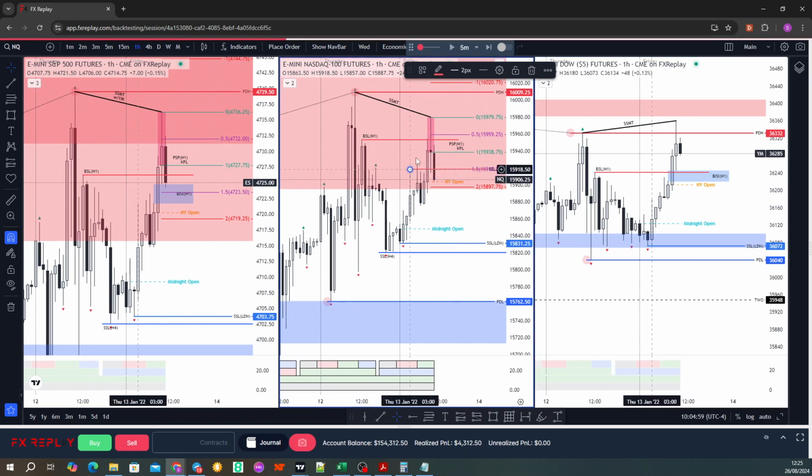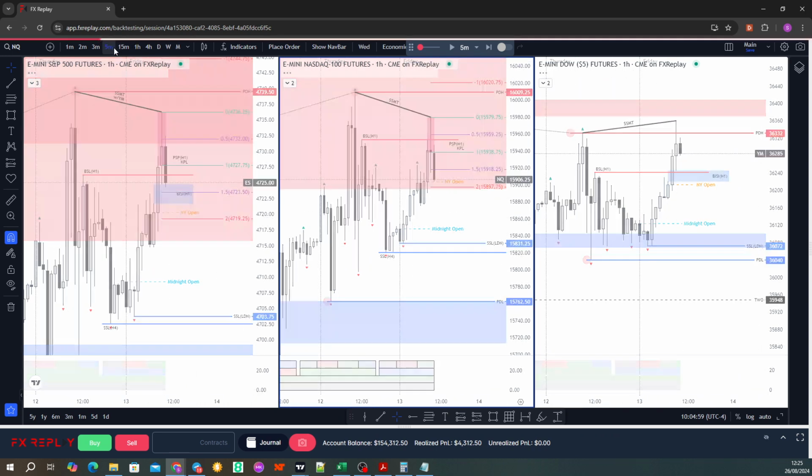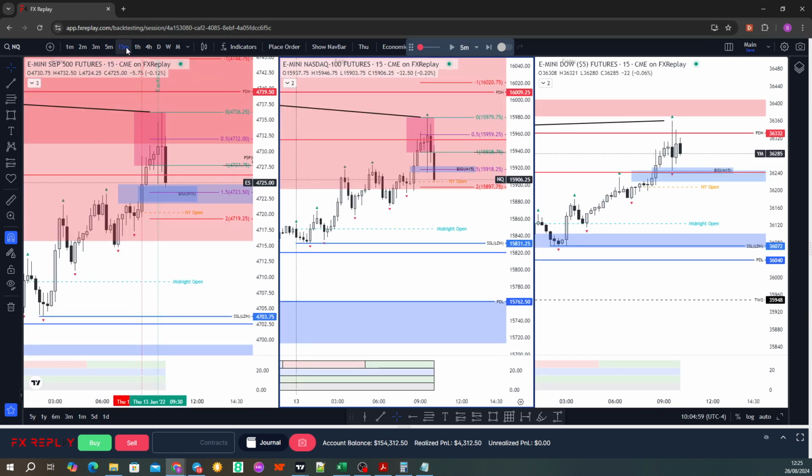It's not fully formed yet, so we've got to be extremely mindful. And go back to the 15-minute. Sorry, the 5-minute. You know, we still could see this trade higher. Just want to make sure the M15, there was a, okay.